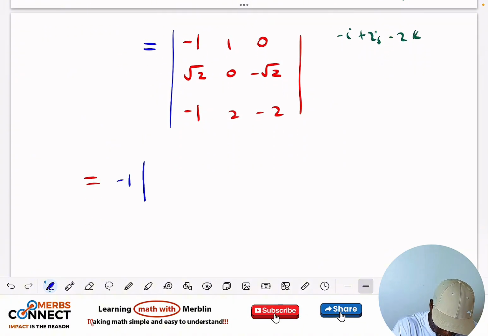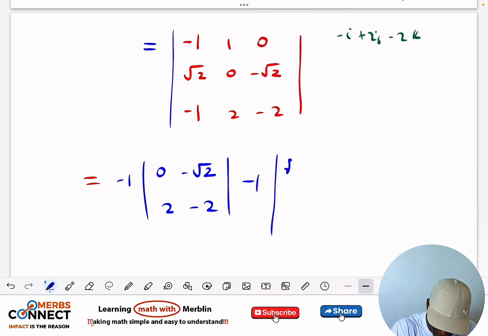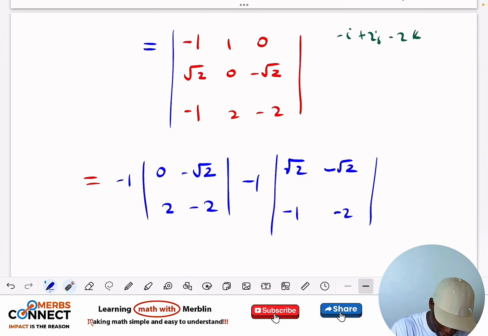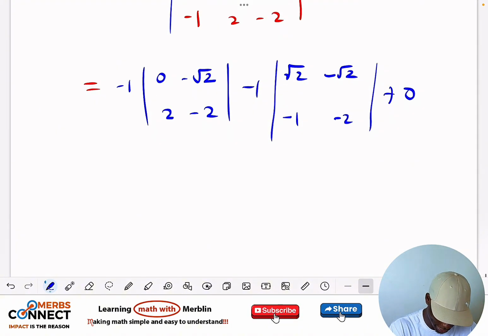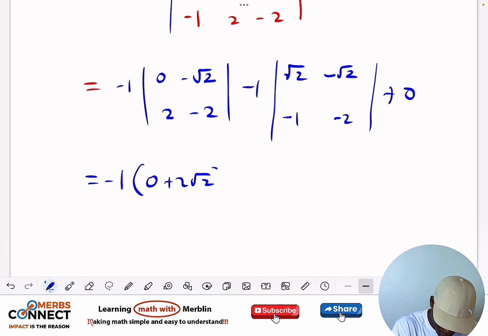So minus 1 times (0 minus square root of 2 times 2 minus 2), minus 1 times (square root of 2 minus square root of 2 times minus 1 minus 2). This is basically 0, so it's going to be plus 0 because I multiplied it by 0. So no need to write that. This is minus 1, 0 plus 2 root 2, minus 1.